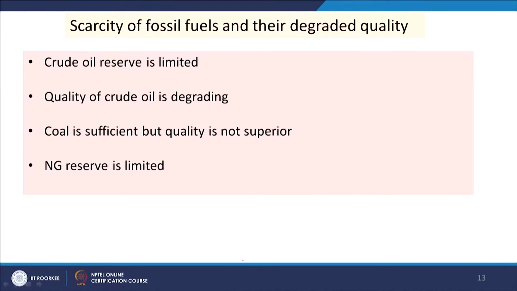And coal is sufficiently available in India, but its quality is also not superior; it has high ash content. So, new technology or a cleaner route is required to use this low quality coal, and the natural gas reserve is also limited. So, we need to use more renewables in that respect to meet the energy demand.